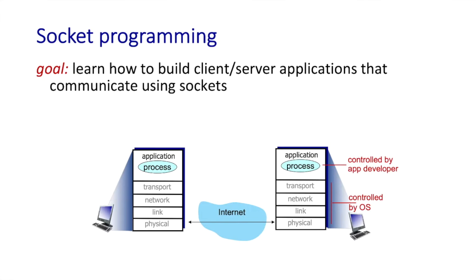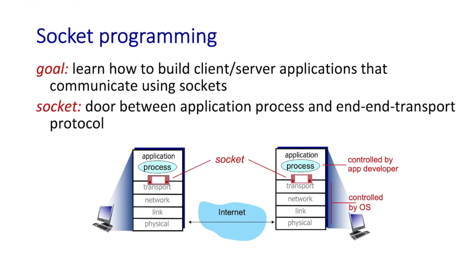From an operating system point of view, your application's written in user space. That's to say, outside of the operating system, while the transport layer, and the layers beneath it in the internet protocol stack, are inside the operating system. The socket is the interface, the door between your application layer program and the transport layer within the operating system below it.